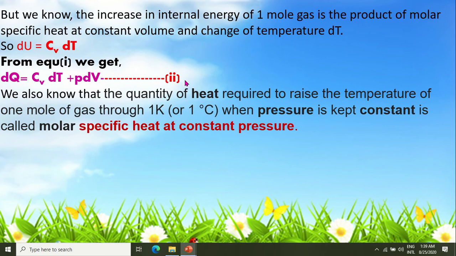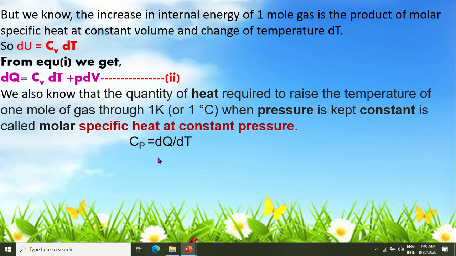We also know that the quantity of heat required to raise the temperature of 1 mole gas by 1 Kelvin or 1 degree Celsius when pressure is kept constant is called molar specific heat at constant pressure. So Cp equal to dq by dT.